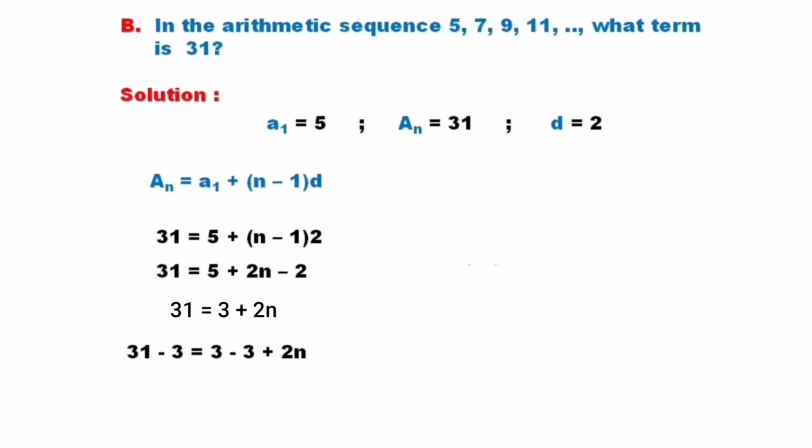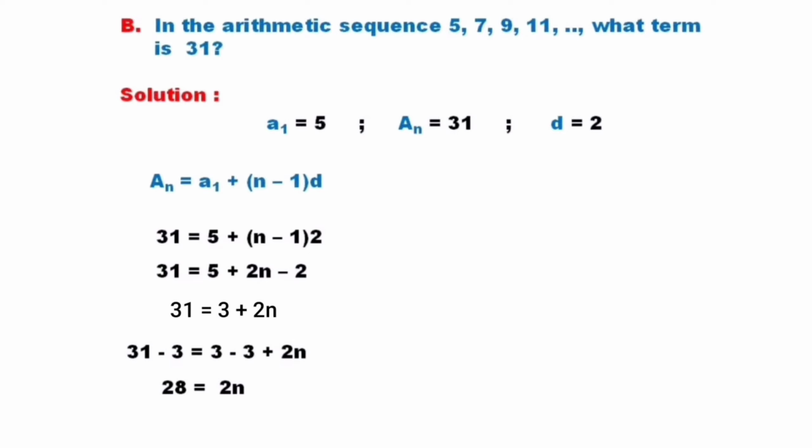Next, 31 minus 3 equal 28. On the other side, 3 minus 3 equal 0. So what remains here is 2n. So we have now 28 equal 2n.